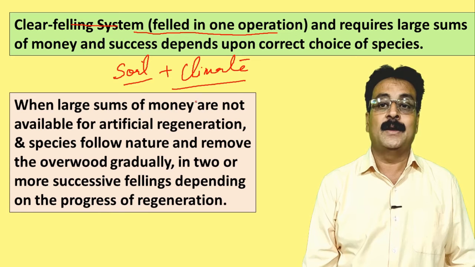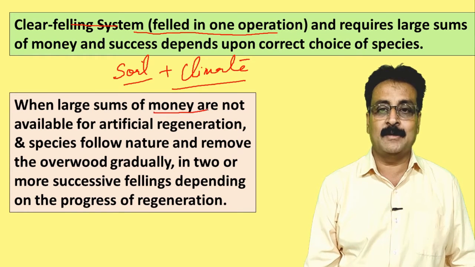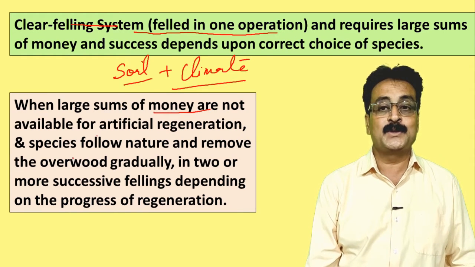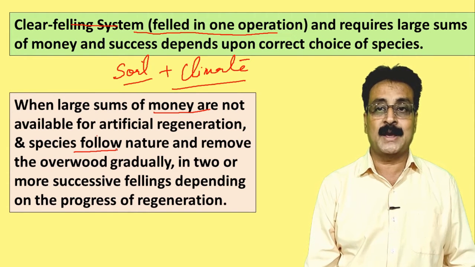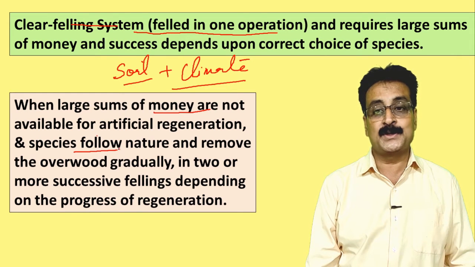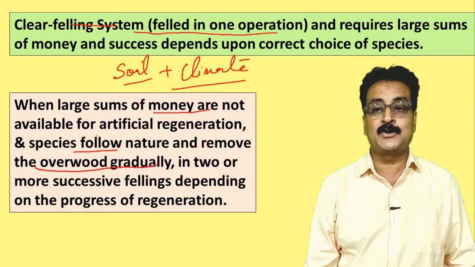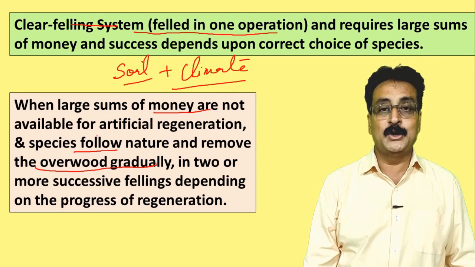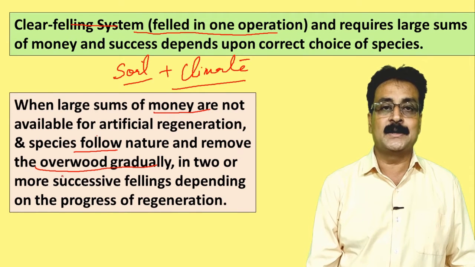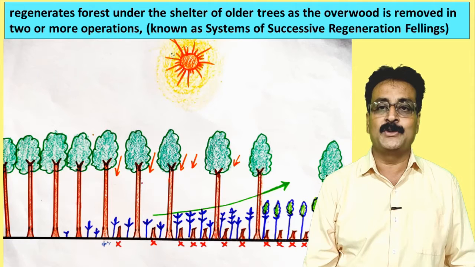But where a large sum of money is not available, and the species is difficult to regenerate, we need to regenerate the species naturally. So we have to go for the shelterwood system, where we remove the overwood in successive fellings depending on the progress of regeneration.